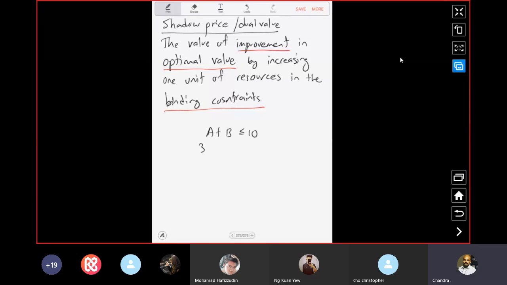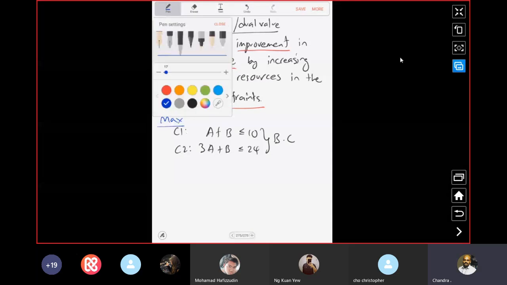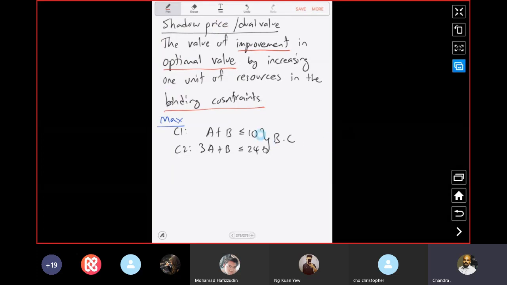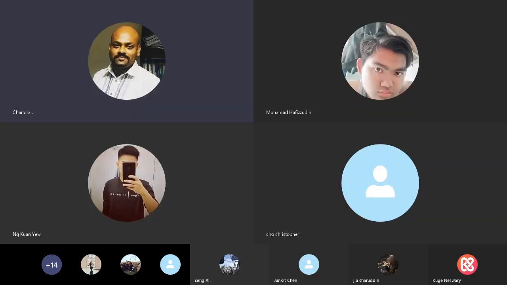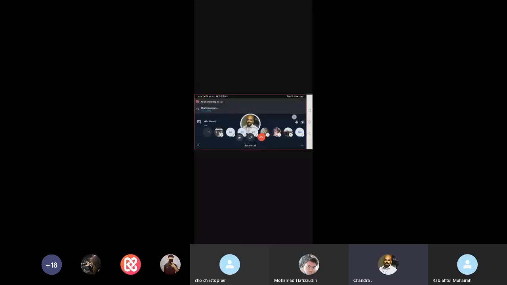C2 is 3A plus B. C1, C2, this would be your binding constraint. Okay, this is of course a maximum problem. This is the binding constraint for the example 1 we have done.